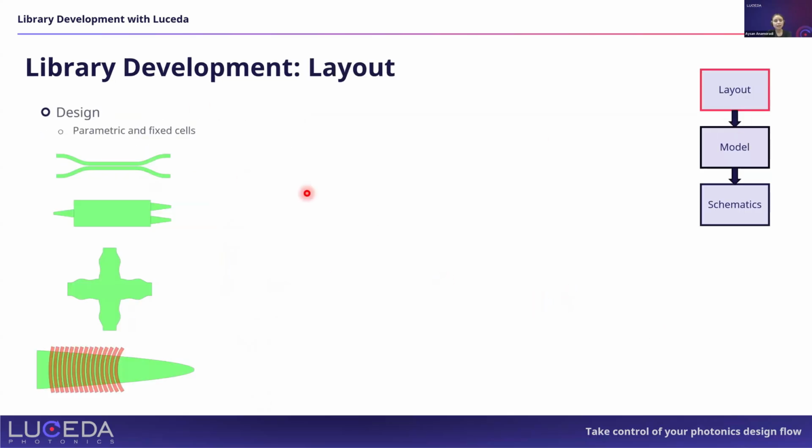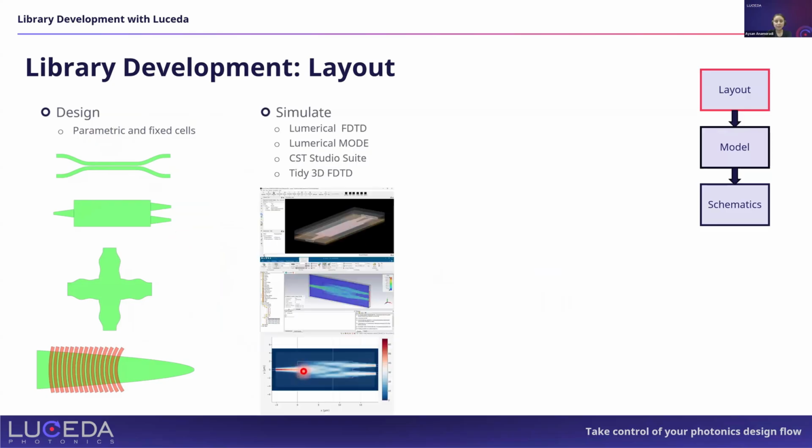The layout of the different components can be defined in the Luceda platform in a parametric or fixed way. Once they are defined, they can be simulated using our links with simulation tools. So the user doesn't need to interact directly with these tools.